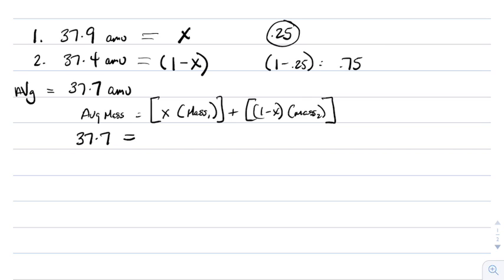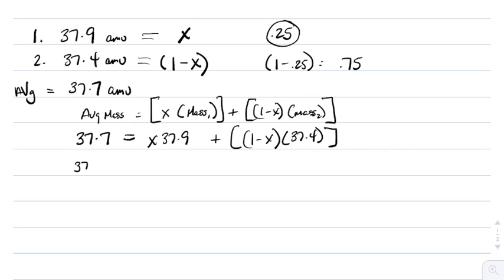So I'm going to do this. X times 37.9 plus 1 minus X times the other mass, which is 37.4.